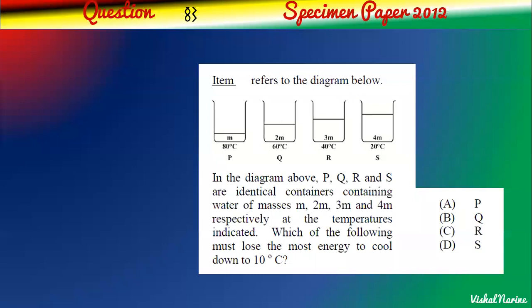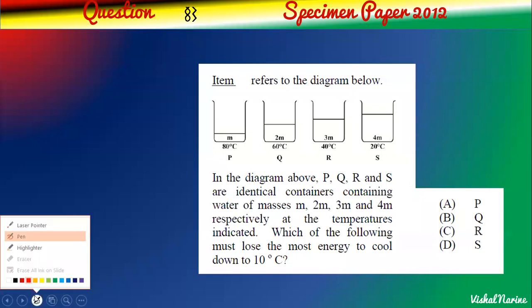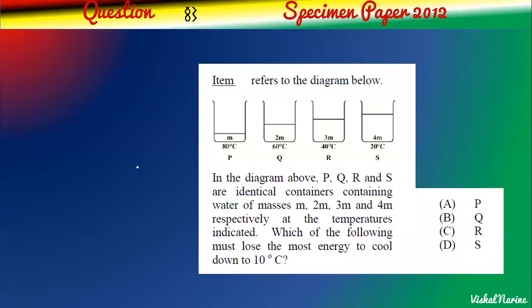Question 83. As you're typing in your answers, I'm just going to work it out for those who are probably not too certain why or how you end up with the answers. We're using the formula basically Q = mcΔT.